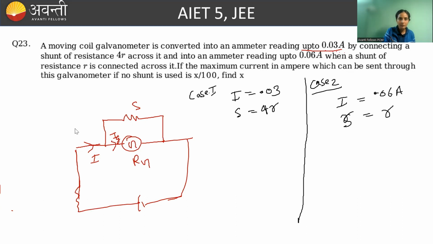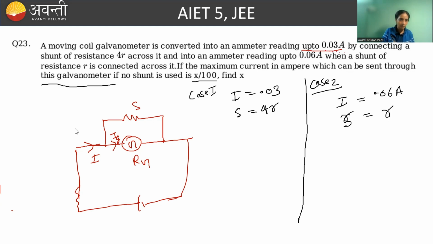So we have to find the maximum current in ampere which can be sent through this galvanometer, that is IG, if no shunt is used, is this. Then find X. Here students might get confused by when no shunt is used. So its simple meaning is the maximum current that this galvanometer can allow through itself, and that is IG it's talking about. Okay.